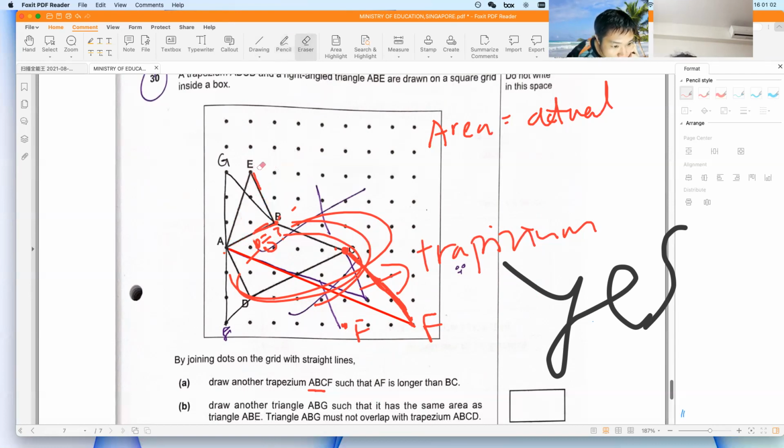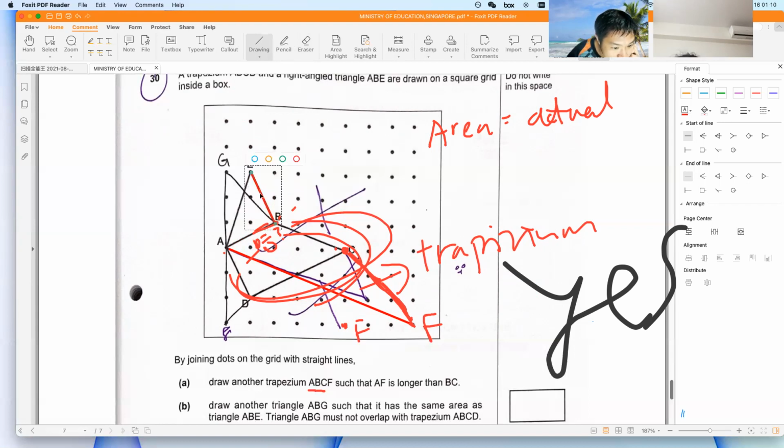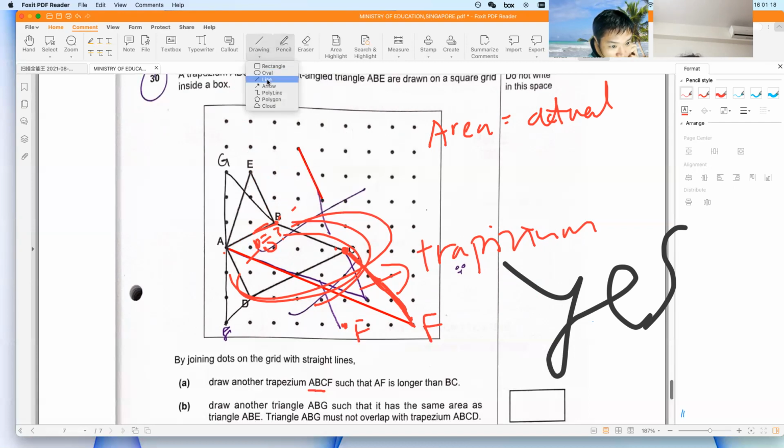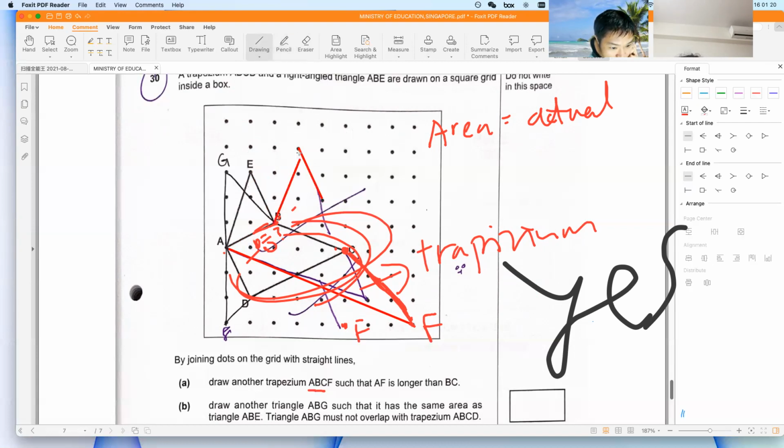So what you could have done is this. You need to have the same height, right? Very simple. This is the height, so you just extend it. You extend the height, then you can get this G already.